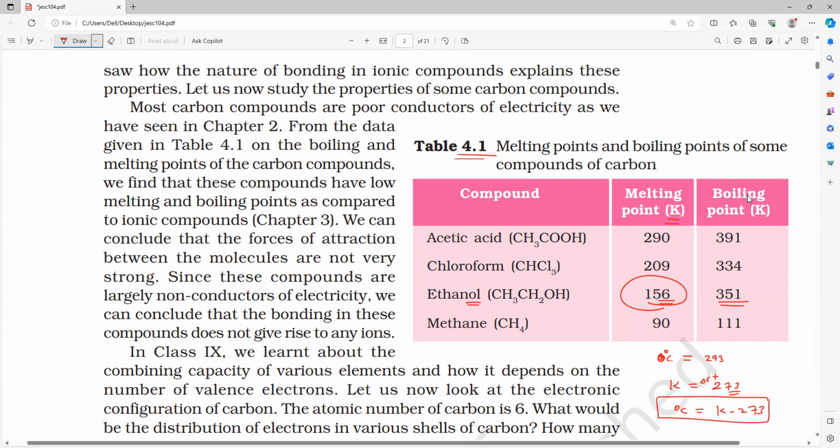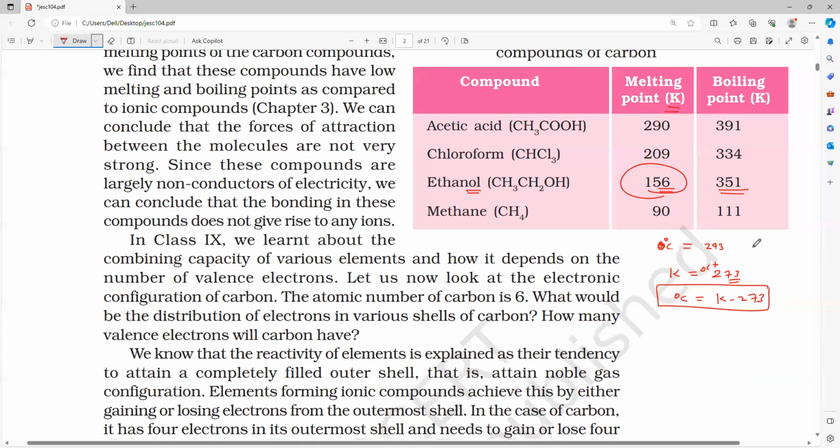So remember all of you that unit conversion is also very, very important. Temperatures can be asked in degree Celsius or Kelvin. You have to be very careful because anything can be asked in the exam. So convert all the temperatures and remember that. Please write it down.